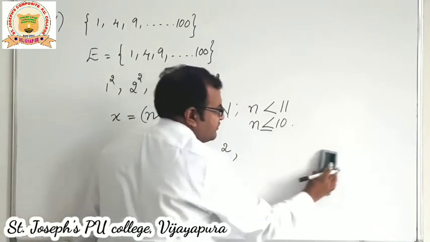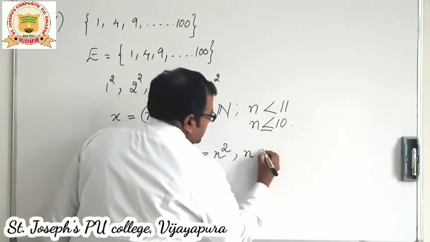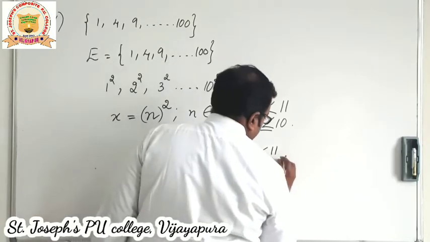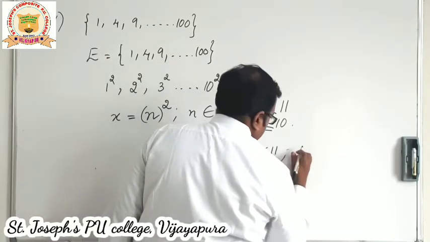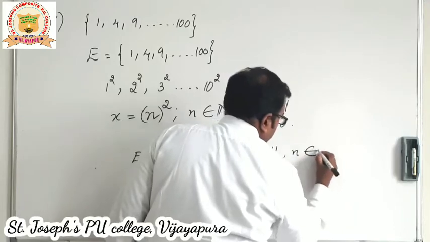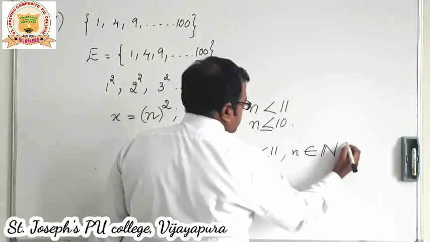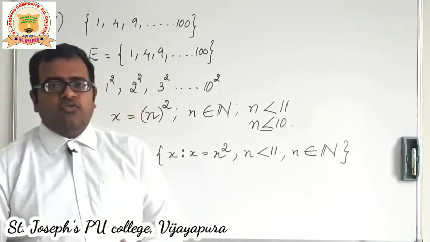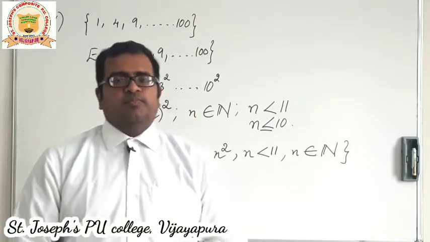Now it doesn't make any difference. The order is not important. n is strictly less than 11 and n also belongs to natural numbers. So that is the set builder form for the given set.